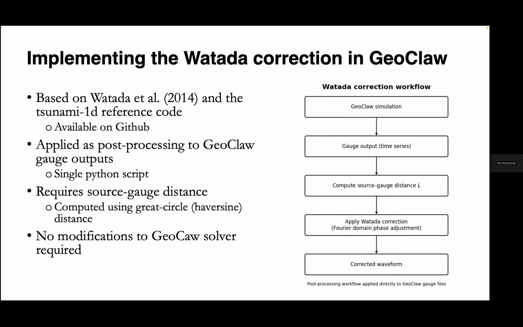For each gauge, the model time series is extracted, and the correction is then applied based on that calculated propagation distance. Importantly, this approach does not require modifying any of the GeoClaw solvers itself, which makes this a relatively simple and flexible way to incorporate simplified dispersive effects into GeoClaw.